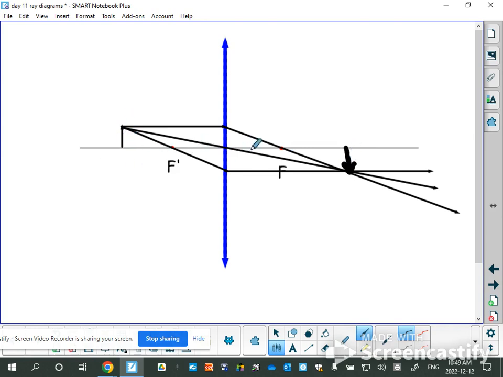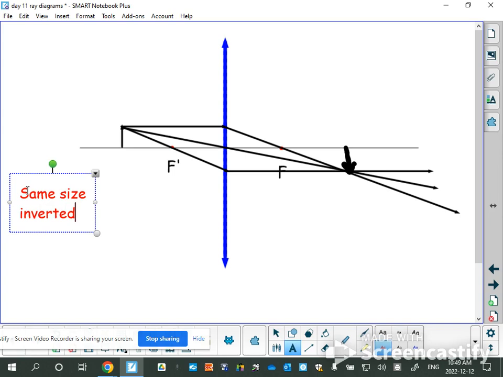And if I've done this perfectly, this should be the exact same height as this. And this distance should be the same as this because I actually put my object on twice the focal point, which always creates the same characteristic. So my characteristics should be same size, should be inverted because you can tell it's upside down.